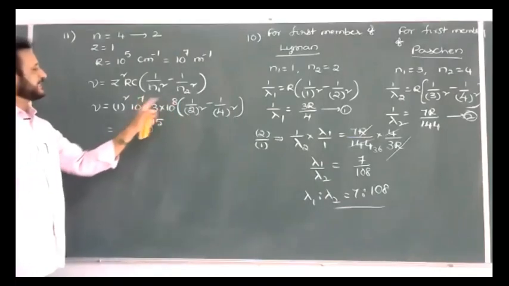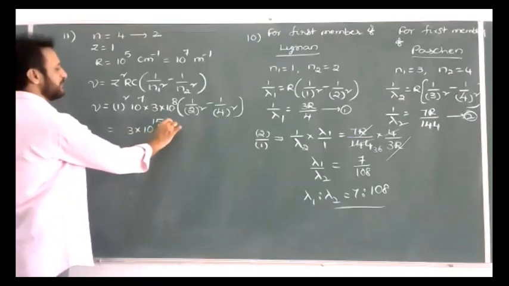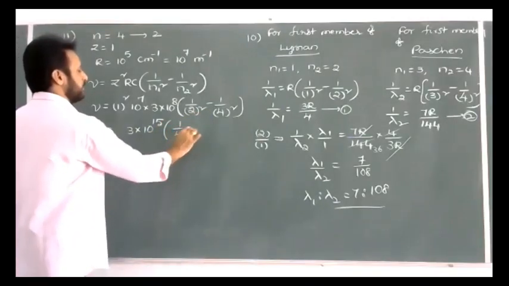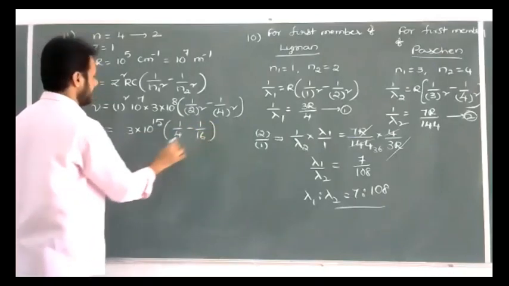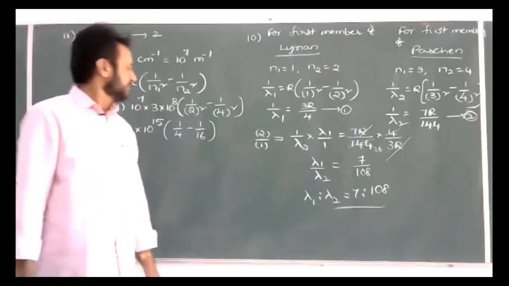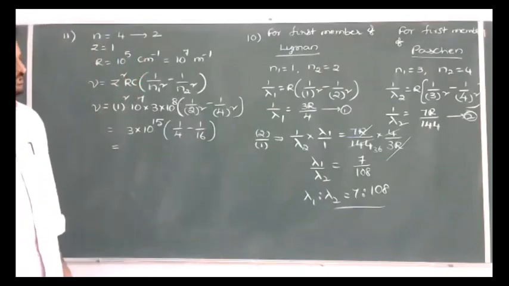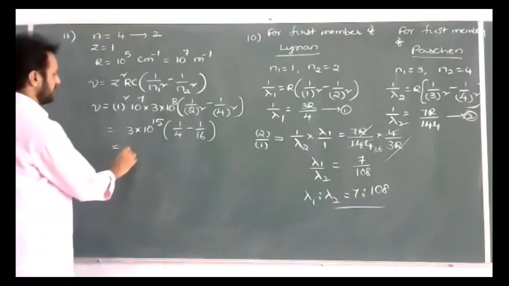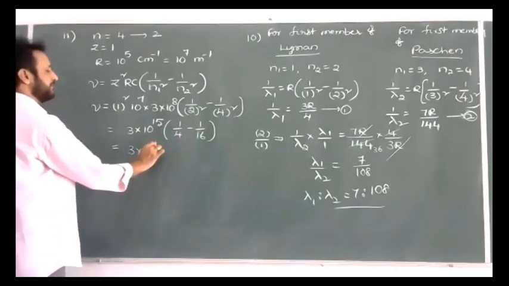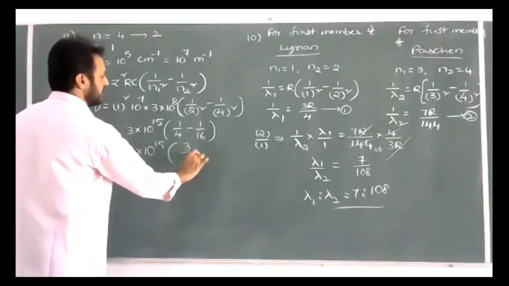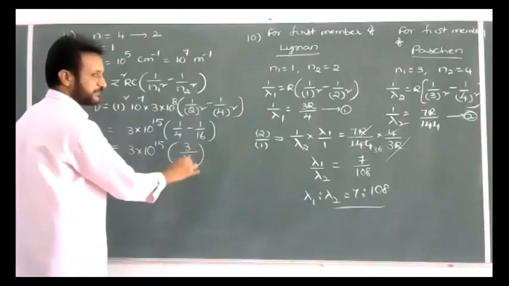Here 7 plus 8 is 15, into 1 by 4 minus 1 by 16. Simplify it: 12 by 64. Still we can cancel. That equals 3 into 10 to the power of 15 into 12 by 64, and 4 3s are 12 and 4 16s are 64.